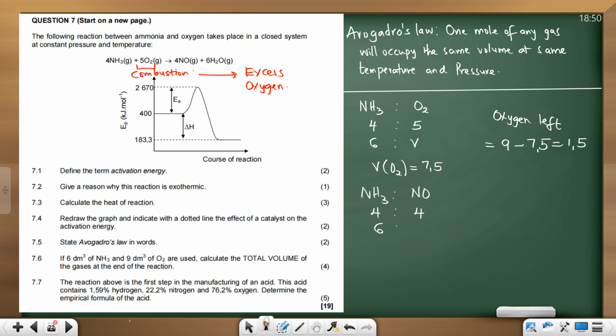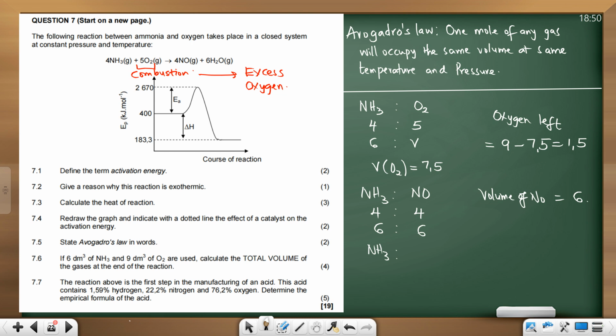It means 6 would be to 6. So we have 6 moles, let's say volume of NO. Volume of nitrogen monoxide will be 6 moles. That is produced.